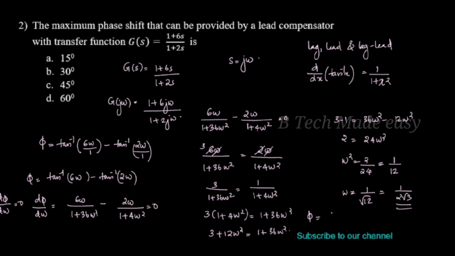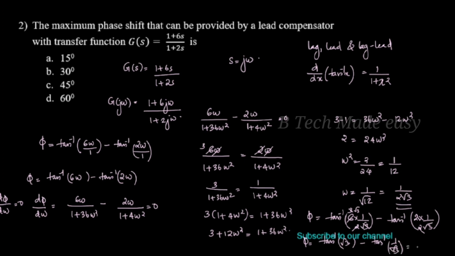So φ = tan inverse (6 × 1/(2√3)) minus tan inverse (2 × 1/(2√3)). That is, 2 and 6 cancel to 3, and 3 divided by √3 means tan inverse √3. The 2s cancel. So φ = tan inverse √3 minus tan inverse 1/√3.